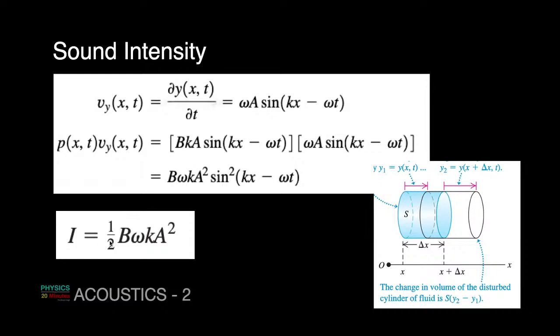So your intensity of sound will become 1/2 B ω k A², where B is the bulk modulus, ω is the angular frequency. So this becomes your intensity. I can use the standard formula ω = v k.